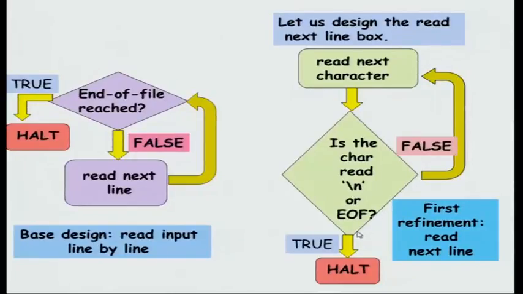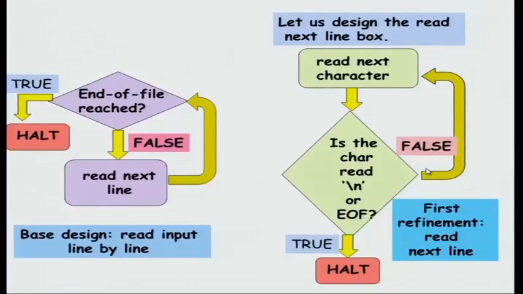If either of these are true, then the line has ended. So, you halt. Otherwise, if the character is neither new line nor end of file, then you read the next character. Okay. So, here is the design for the function to read the next line.